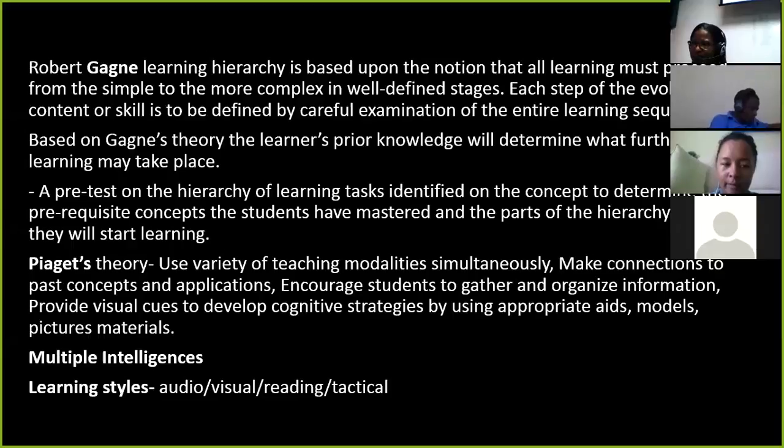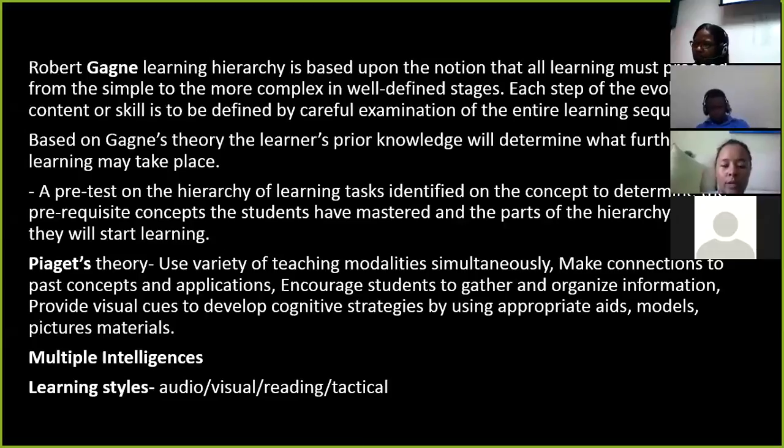Basically, Piaget's theories use various ways to analyze the student, but one way I found that concept maps could be useful in his theory is that we can make connections from past concepts and applications to new ones.